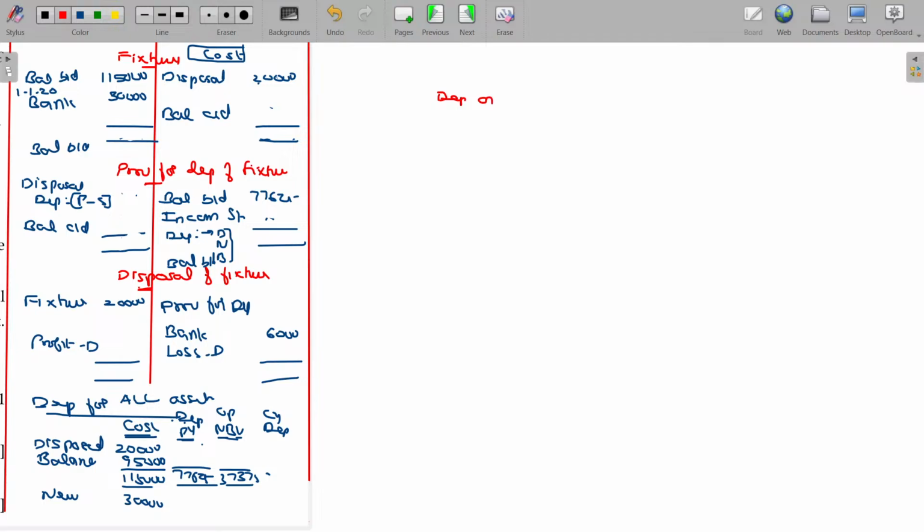Depreciation on asset disposed. Cost being how much? 20,000. Depreciation for the first year, 2018, under SLM method, you have to depreciate over 4 years. 20,000, scrap value being 2,000, because 10% is assumed to be the scrap value.